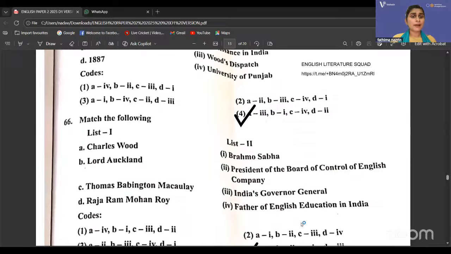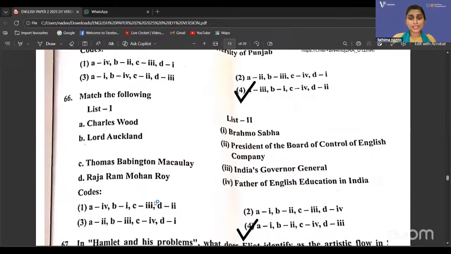Okay, now coming to match the following again. Now, if you know Raja Ram Mohan Roy is associated with Brahmo Samaj or Brahma Sabha, then this could have been cracked easily. Okay, so 66, B is 1. So you have just one option, which is option 3. B is 1.